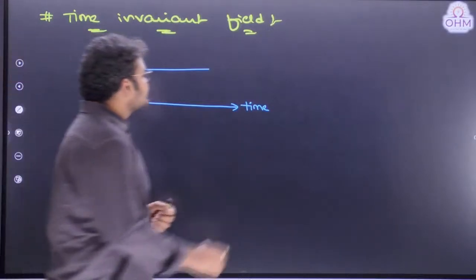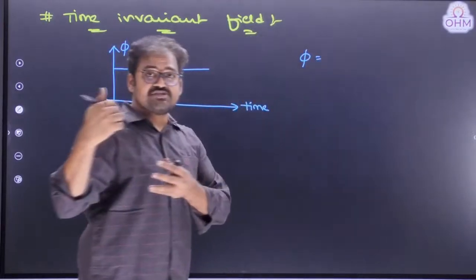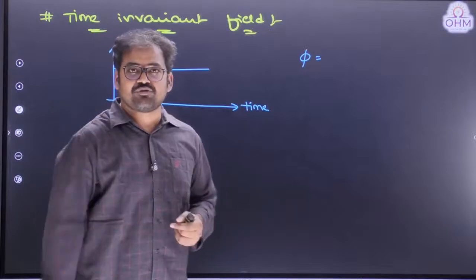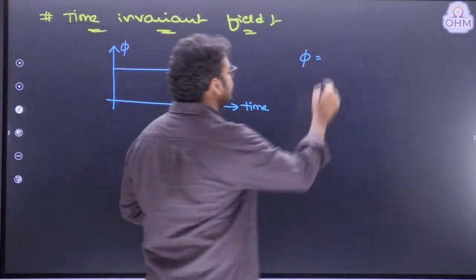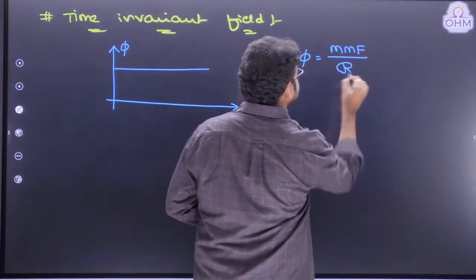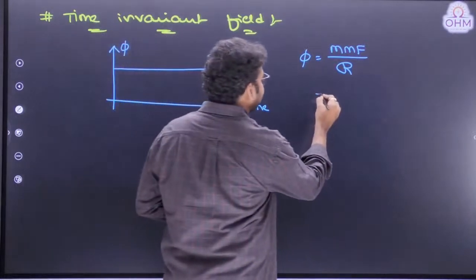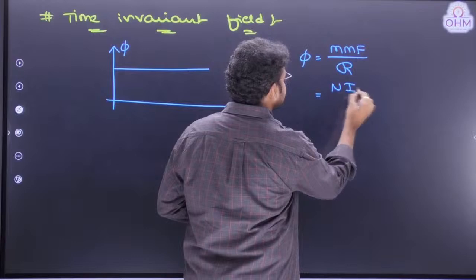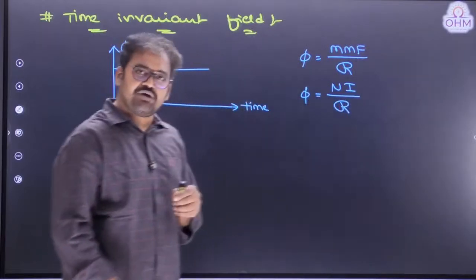And we know the formula for flux. All of us know, right? In the earlier champion series session, I discussed transformers, and there I told you the formula for flux very clearly. Flux is equal to MMF divided by reluctance. And what is the formula for MMF? Number of turns times current. The reluctance is that of the magnetic path.